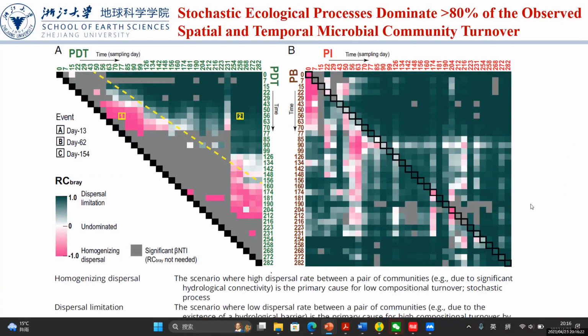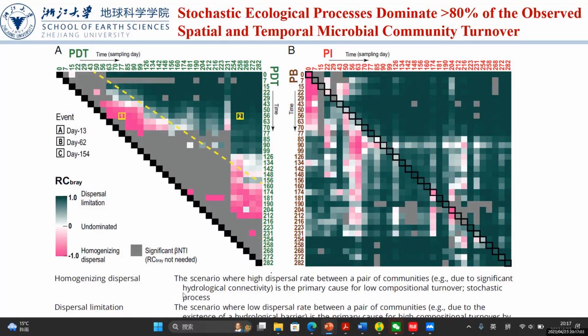And finally, the last results. So they did some biological tests, and they got these heat maps. I didn't really understand the tests, but we can just see. So here, the green stands for dispersal limitation, and the pink stands for homogenizing dispersal. And if we have a look at this, so this was from table 1.